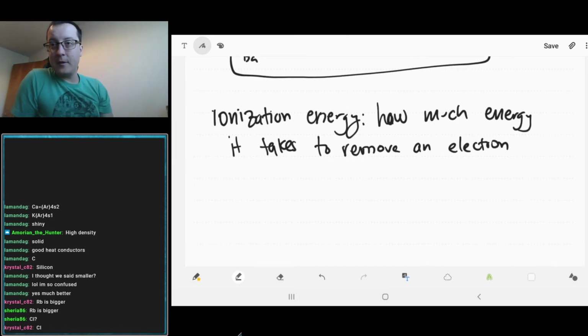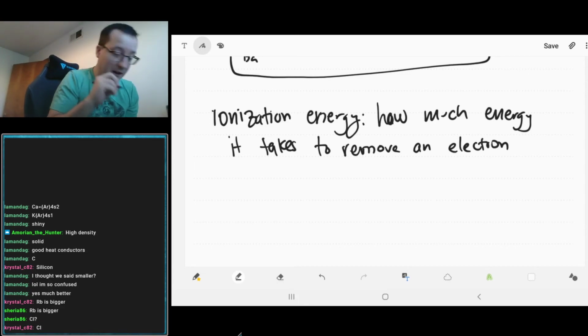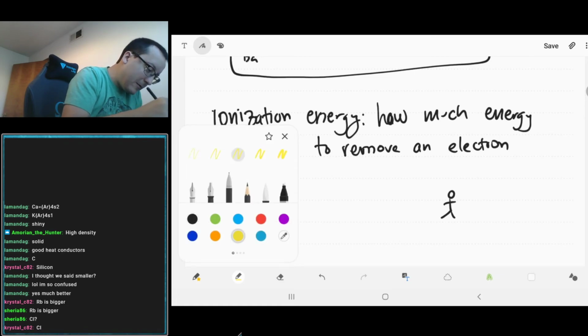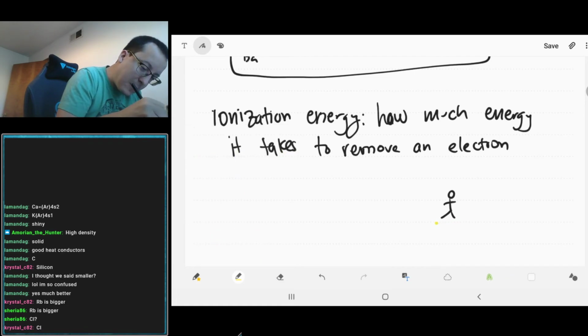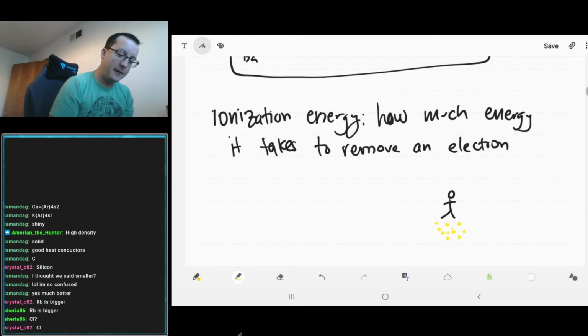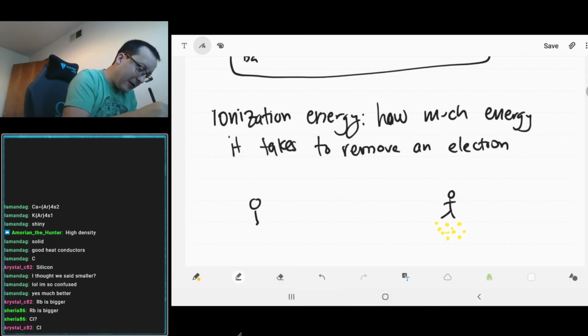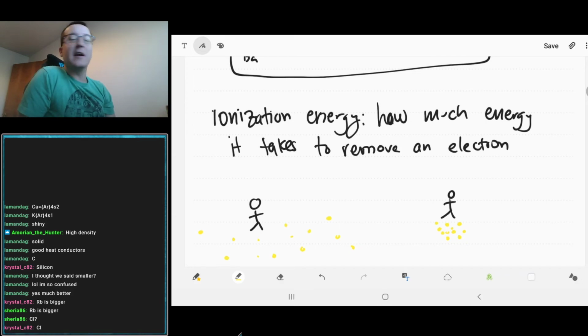And so, here are my pretty pictures. Get ready for it. These are all his happy electrons he's sitting on. And here's another one. Okay, I hope the yellow is visible.